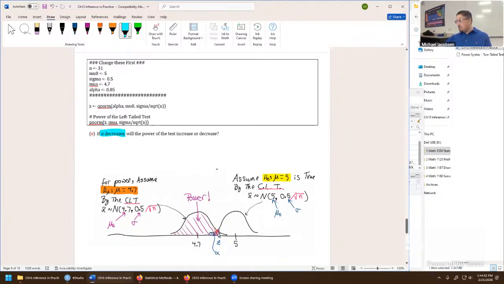If alpha decreases, that means this area right here is getting smaller and smaller when alpha gets smaller. And that means the z has to move to the left more and more. This is at 5%. If alpha is at just 1%, z moves way over here to the left. But z is also a boundary where power ends. So if z moves to the left, power actually goes down.